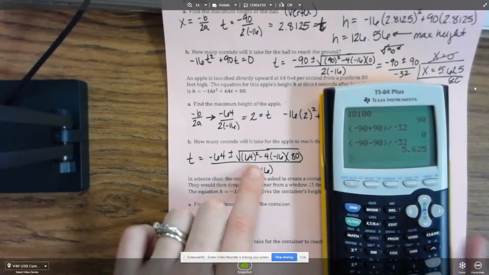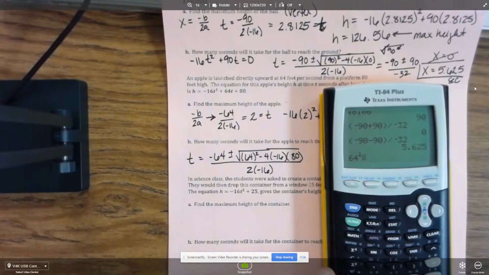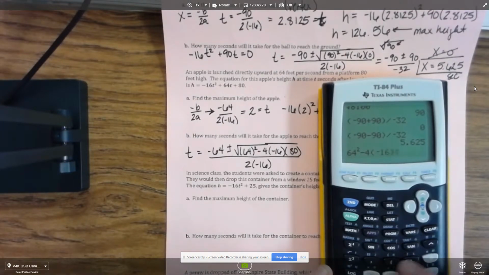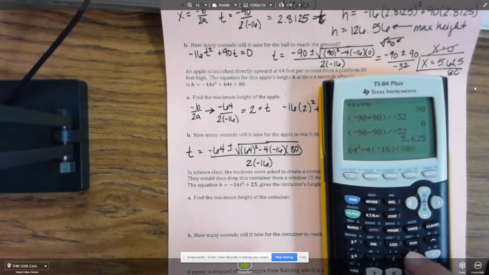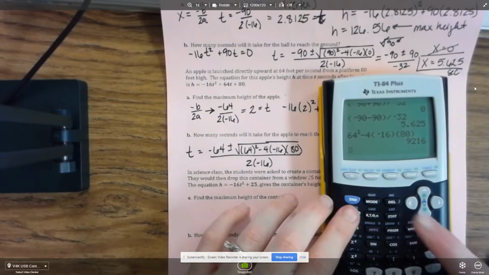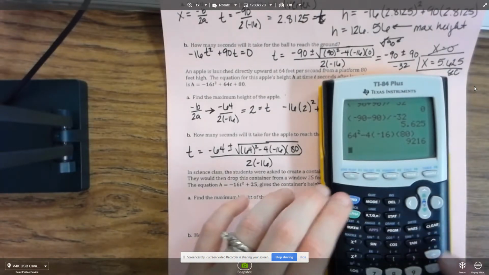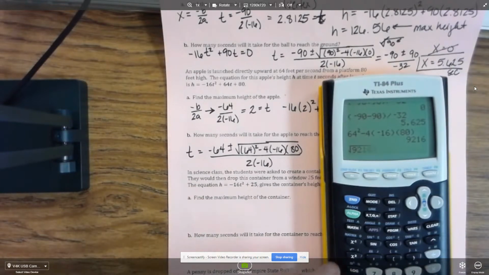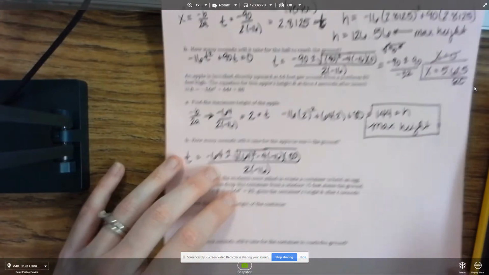Okay, so let's do this part first. 64 squared minus 4 times negative 16 times 80. That gives me 9,216. So the square root of that is 96.